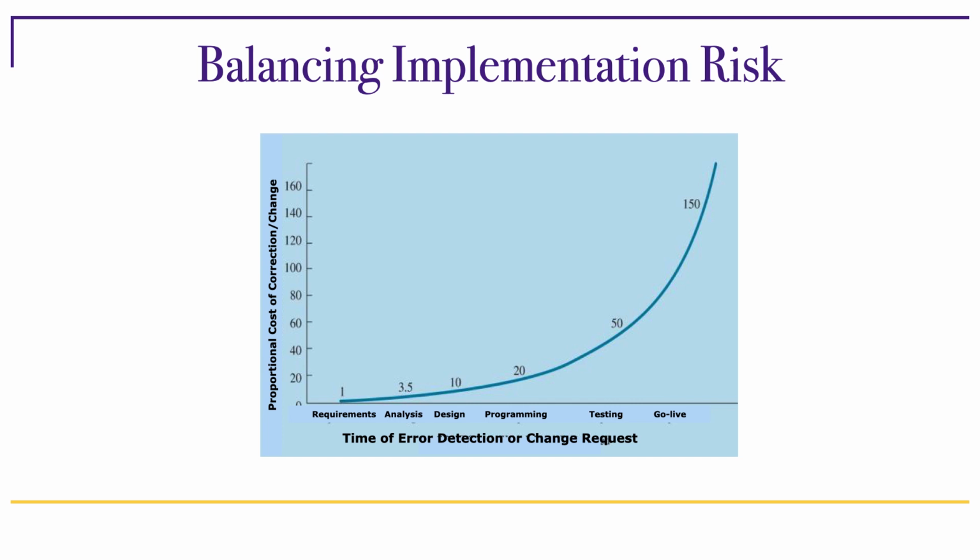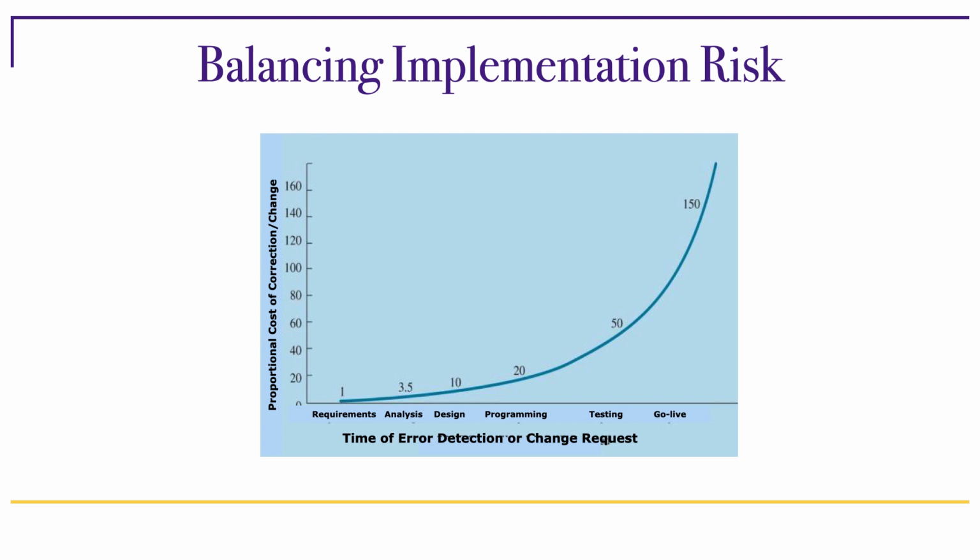as you go later in the project, so at the bottom you see requirements, analysis, design, programming, testing, go live. So these are phases in the project before you can just sort of go live and use the system.